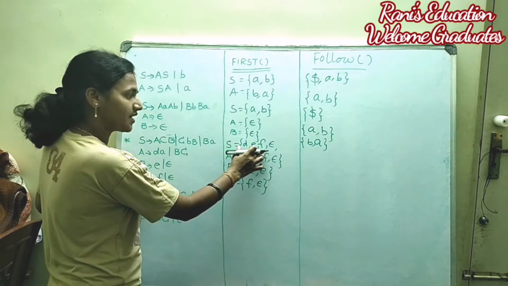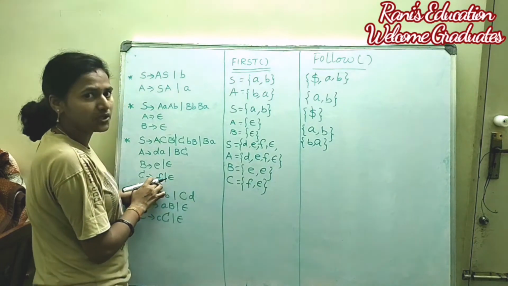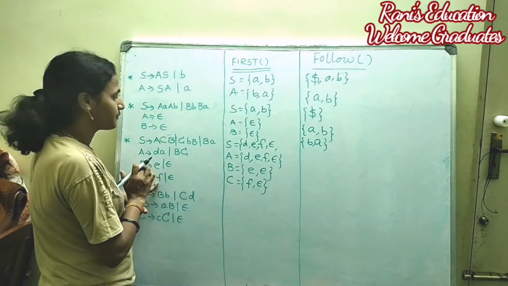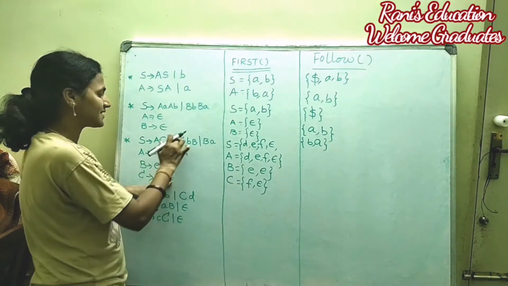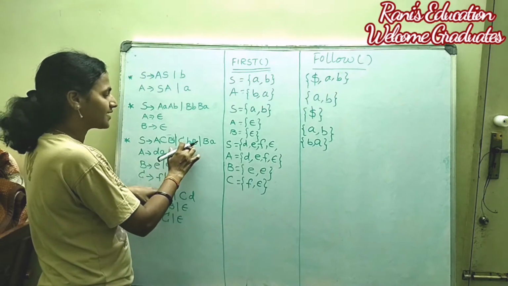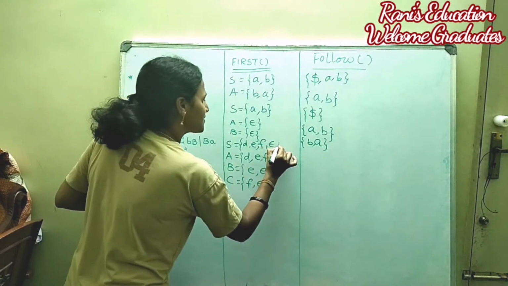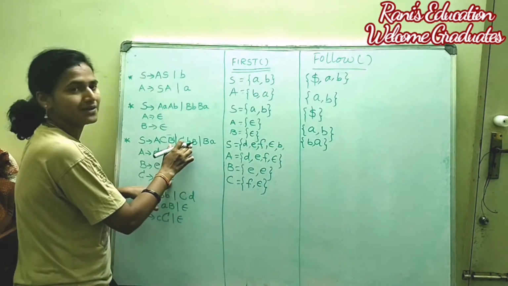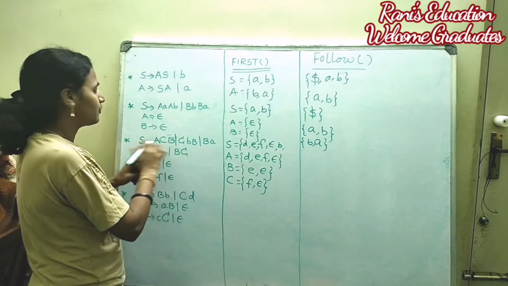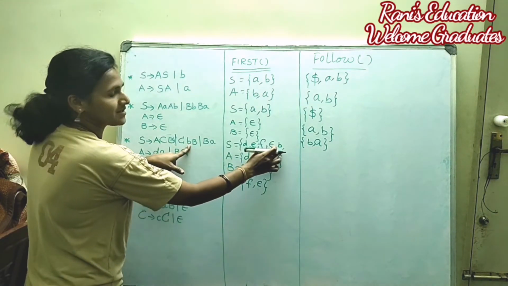F is already used, so once again no need to define it in that set. Then if I replace C by epsilon, the RHS starts with a terminal B. So B is also one of the terminals. With respect to the second production, we got this terminal.